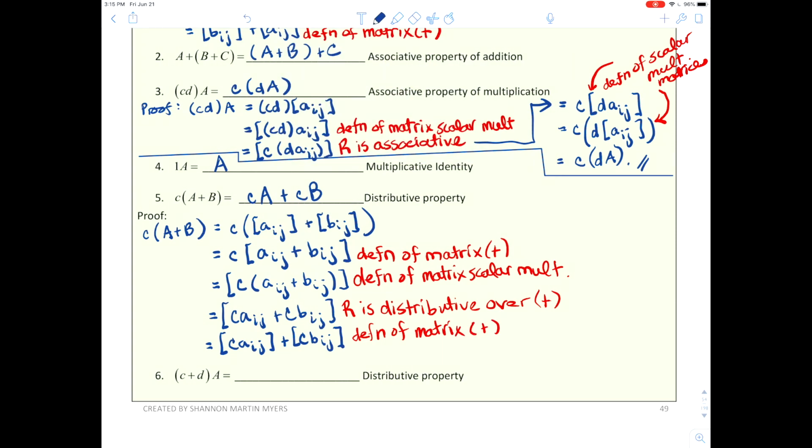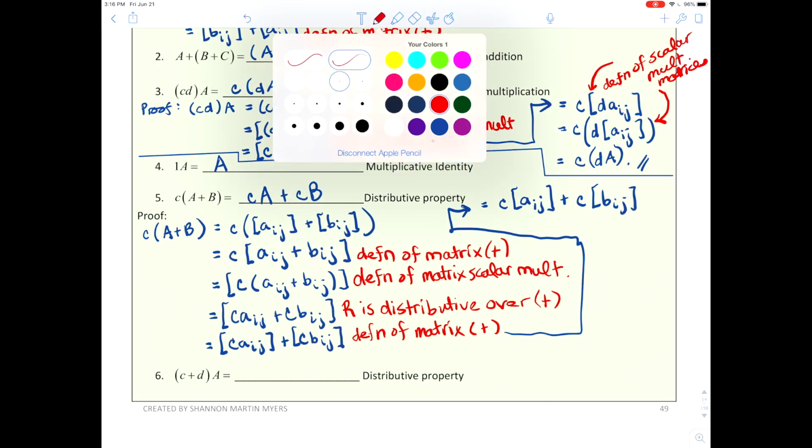And now, where do we go from here? That will give us C times Aij, so we can take the C out, plus C times Bij. And that was why?